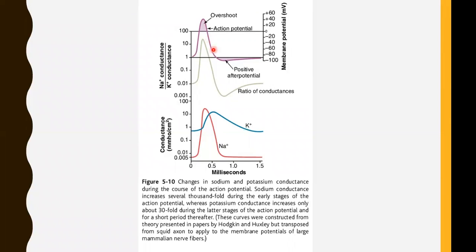When that change in negative direction, the creation of negativity once again inside the membrane, reaches minus 60 for small muscle or nerve fiber, or minus 90 in large muscle fiber, that is the repolarization, the rebuilding of the polarized condition.